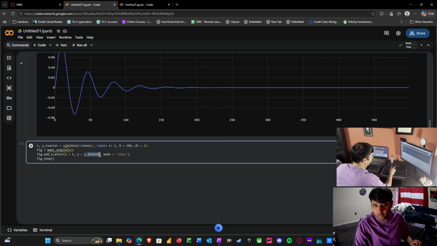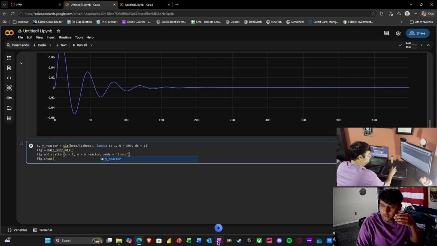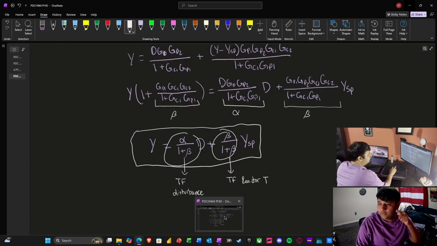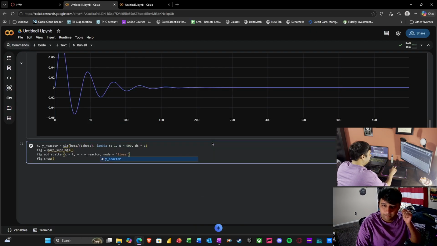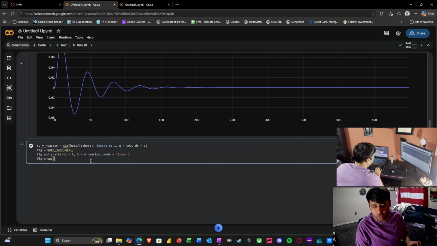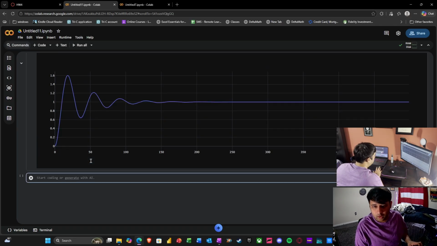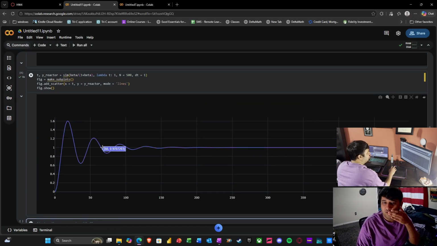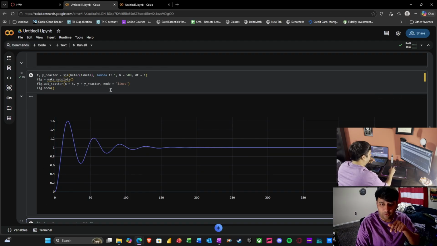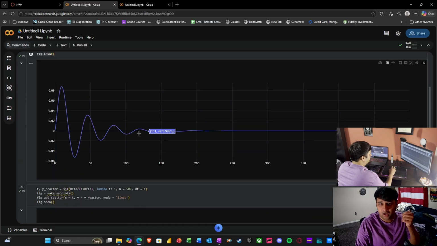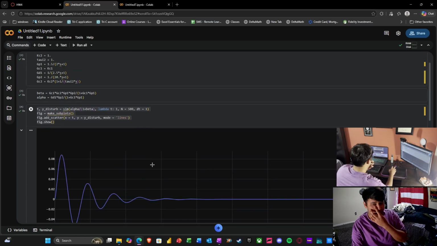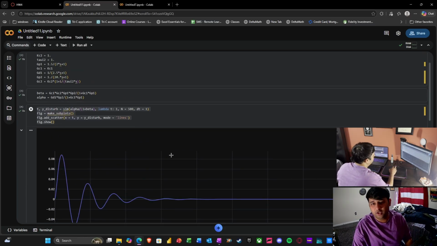And then, of course, we got to look at the reactor, as mentioned in our little notes right there, which are transfer functions. So this should work. There we go. So our bottom plot that we just found is representing our servo, or our outer set point change, and the top is our disturbance in respect to our inner set point changes.